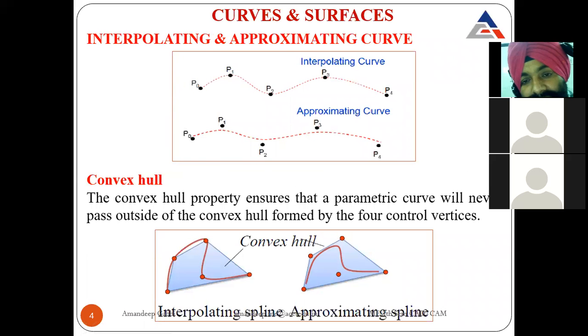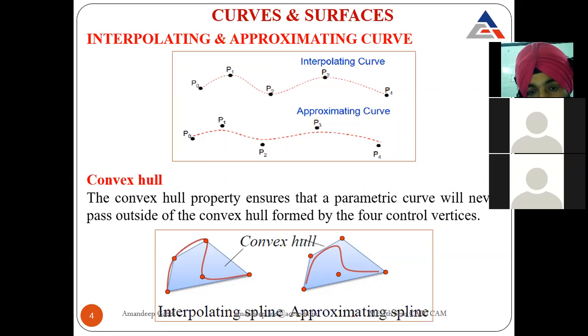Interpolation and approximation. Interpolating curve and approximating curve, right? We call P0, P1, P2, P3, and P4 control points. When control points lie exactly on the curve, we call it an interpolating curve.